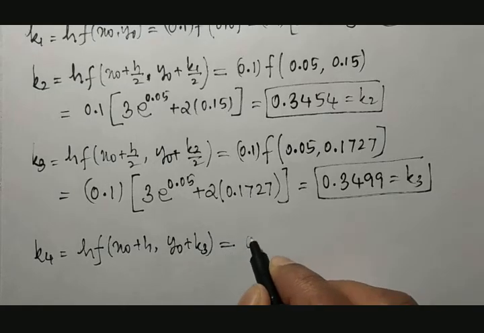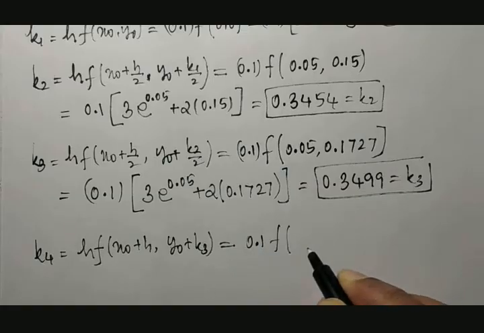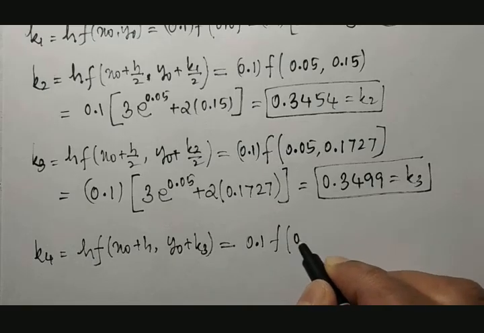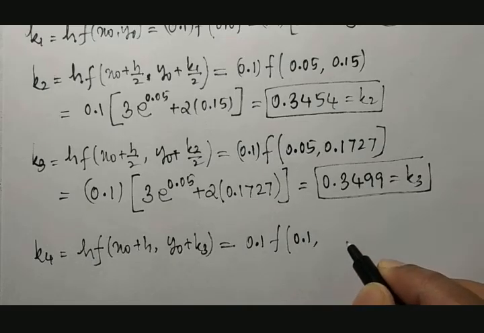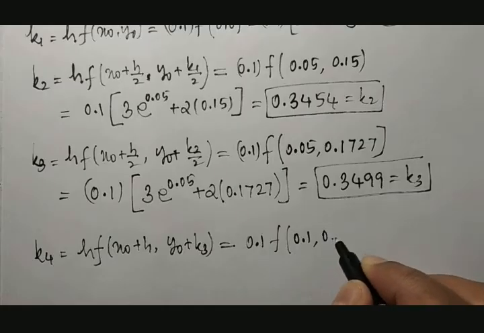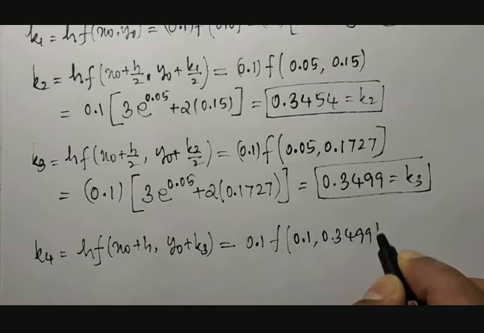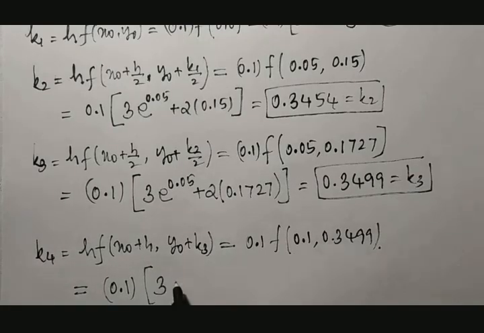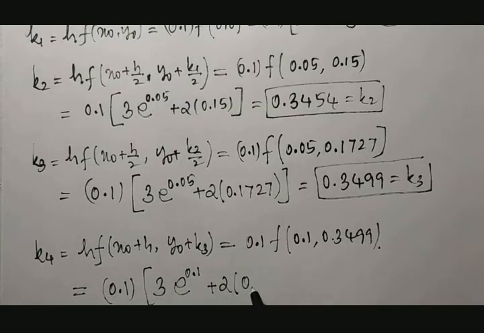Then k4 is equal to h into f(x0 + h, y0 + k3). That is equal to h, which is 0.1, into the functional value, x0 is 0 plus h is 0.1, comma, y0 is 0 plus k3, that is 0.3499. Therefore, it is equal to 0.1 into the functional value, 3 into e raised to 0.1 plus 2 times 0.3499.